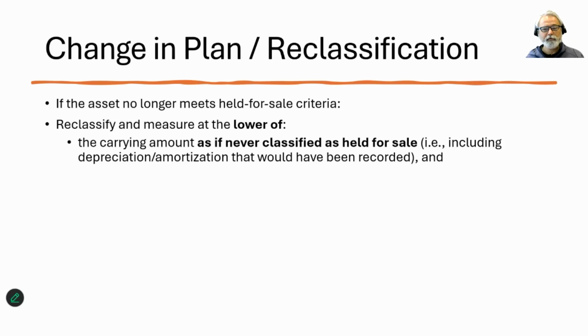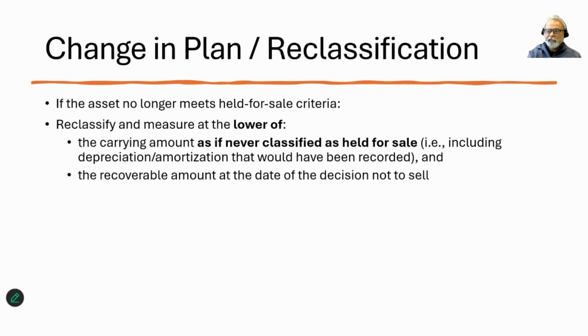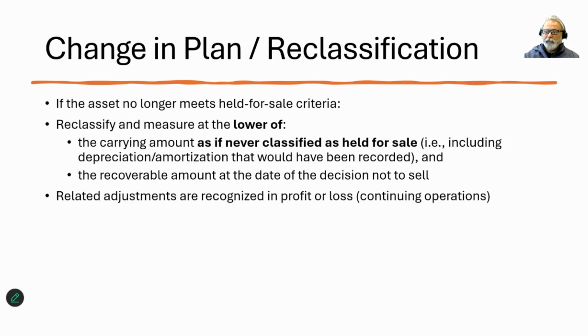So we'd have to consider depreciation that would have been recorded in the meantime and its recoverable amount at the date the decision was made to abandon plans of selling. The related adjustments go through profit or loss as part of continuing operations.